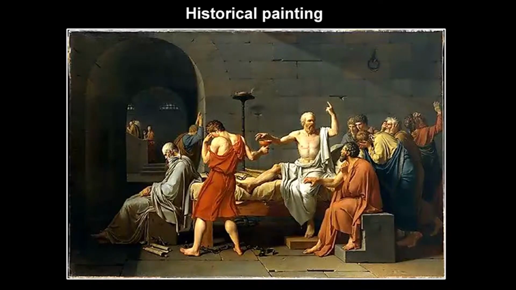Even when you are looking at a historical painting like this, when the incident depicted is not a contemporary incident, the incident took place hundreds or thousands of years back before this painting was painted.